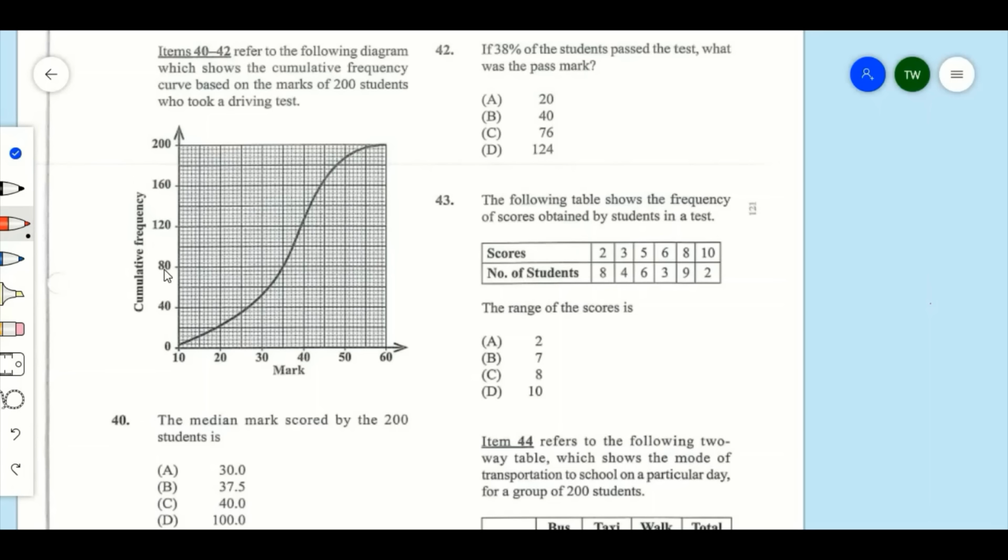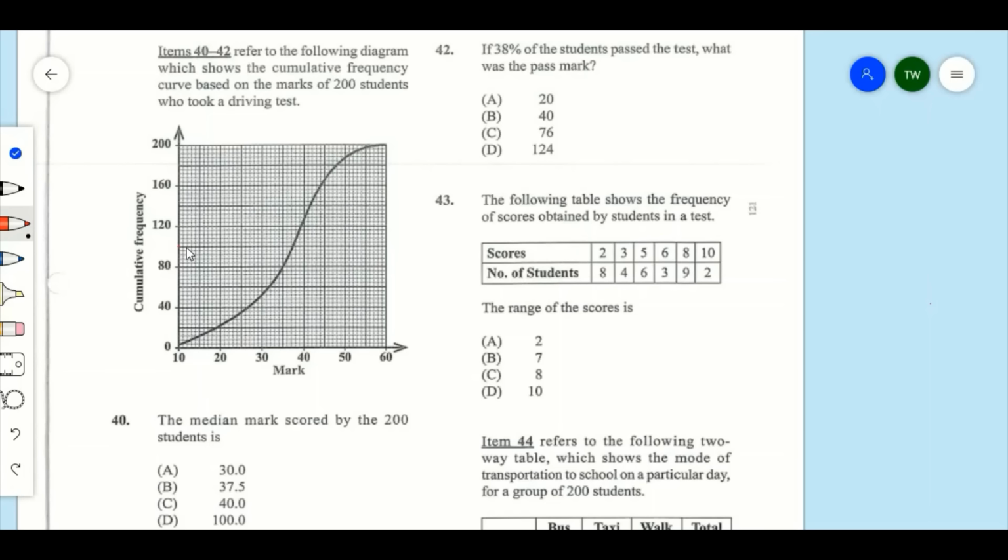So here we know that this is 40, then this is 80, this is 120. So right at this point here, we're going to have 100. So 100.5 is going to be just above this dark line here.